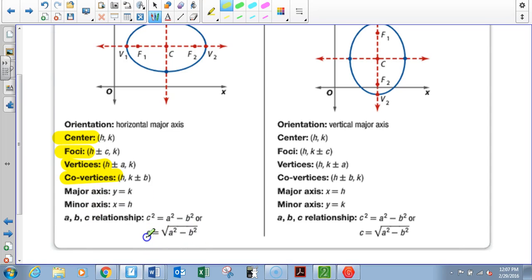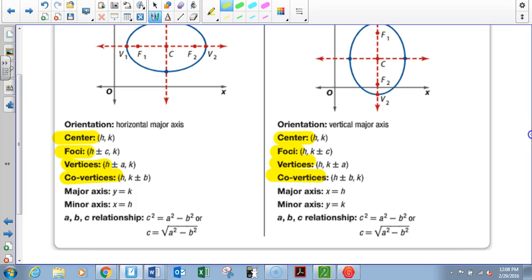Now you're going to have to find c in order to be able to find the foci, but those are what you need to identify when you do this. Does that make sense? Like on a parabola, how you always had to identify the directrix, the focus, the vertex, and the book made us do axis of symmetry, right? But those are the things I'm going to ask you to do here.